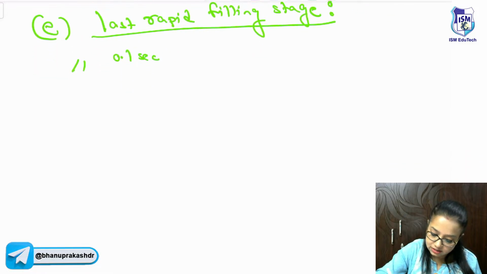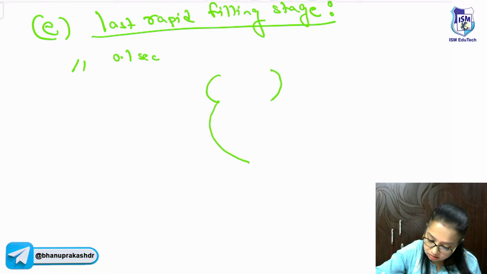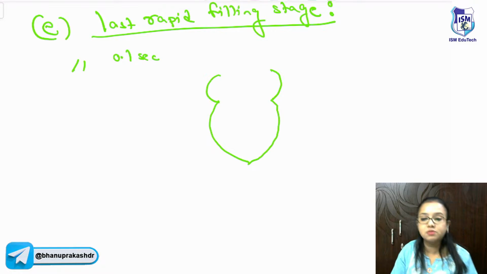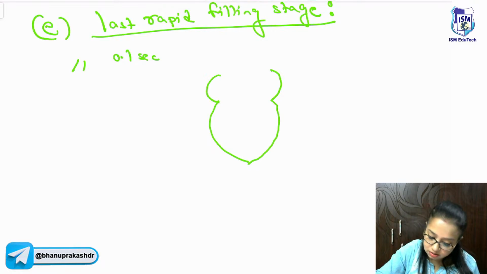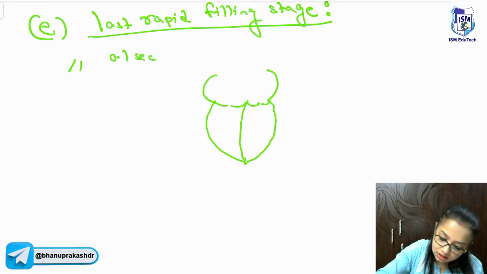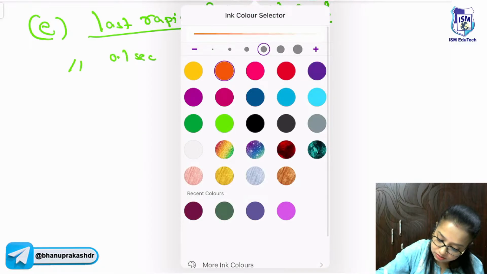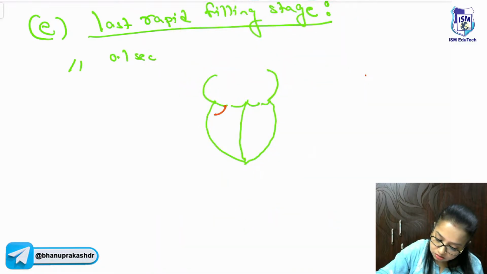Now let us again draw for our understanding. So here this is the atria and these are the ventricles. What scenario was there? What did we see? Okay, I have to use a different color for the valves now. So the valves were open, right?